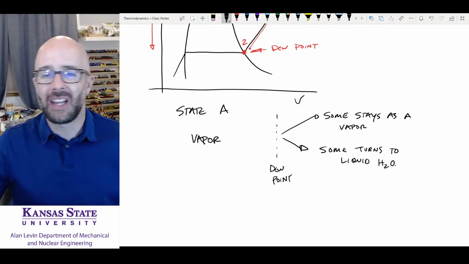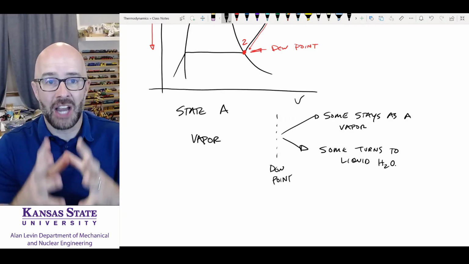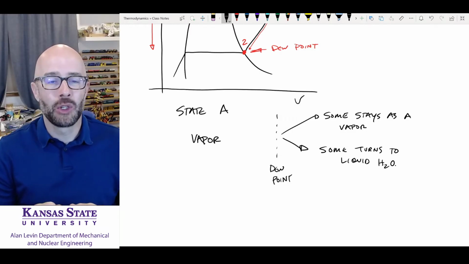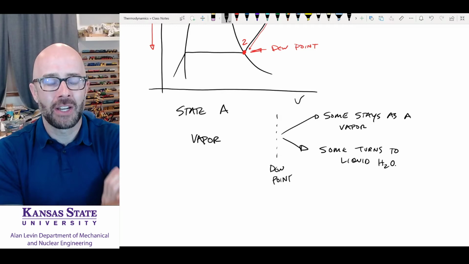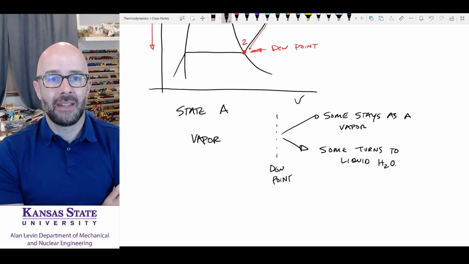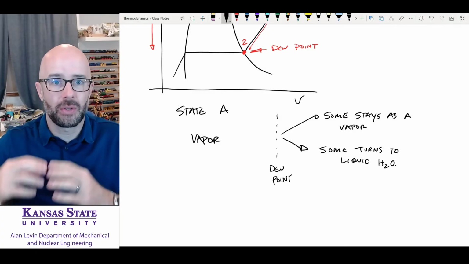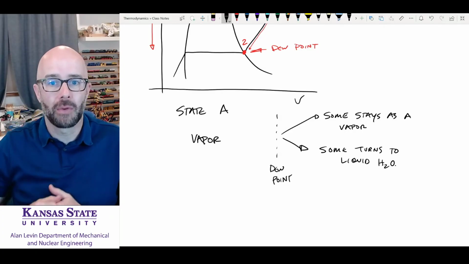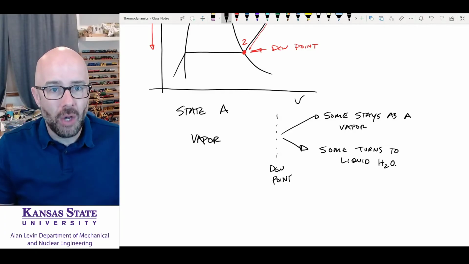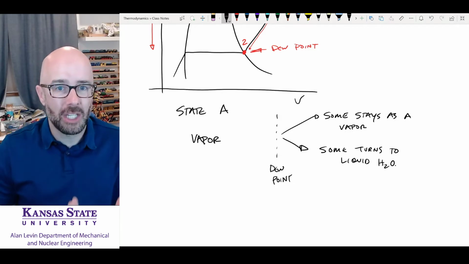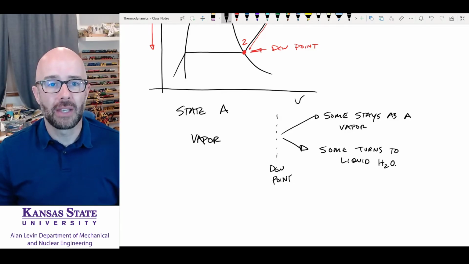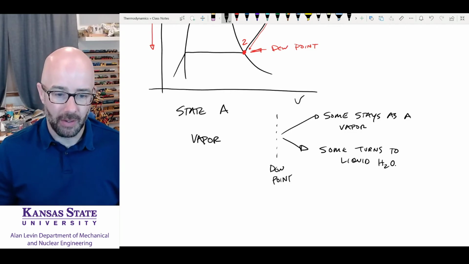It's not like it's going to flash and when it hits the dew point, everything just turns magically to water. That doesn't happen. Some of it goes away and it has to recalibrate those lines as it's reaching equilibrium over and over again. The further we go below that dew point, and the speed at which we go past that dew point, are all things that determine how much water vapor condenses.